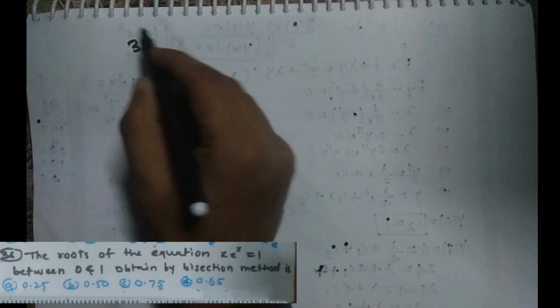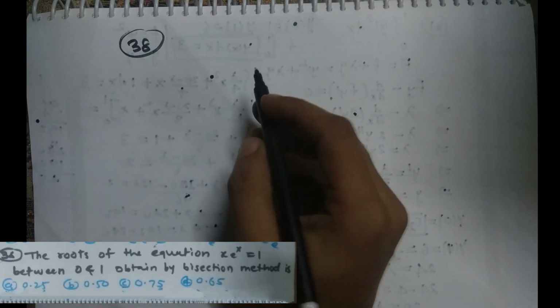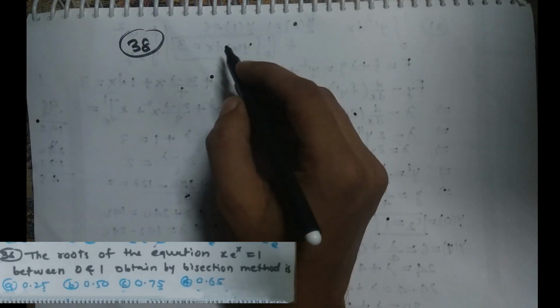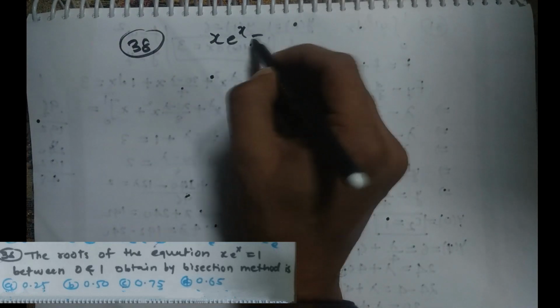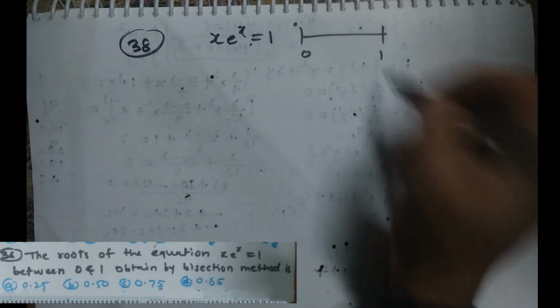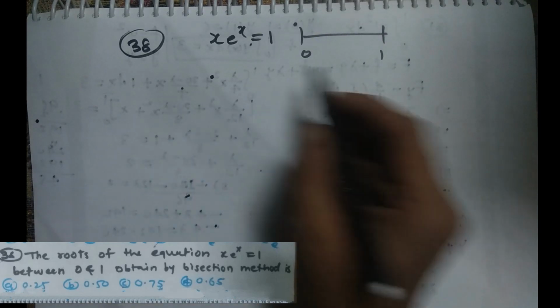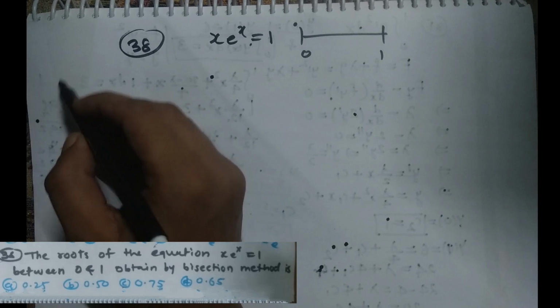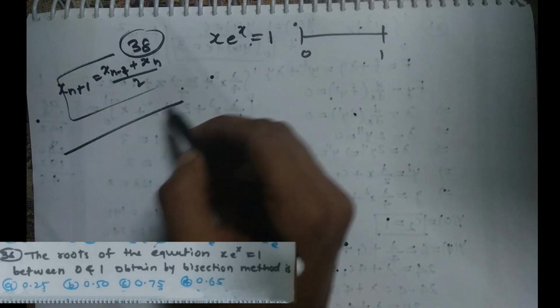Next is question number 38. What they are saying in question number 38 is: the root of this equation x e raised to x equals 1 between 0 and 1 is obtained by bisection. If you know what the bisection method is, this is the idea. Let me show this.